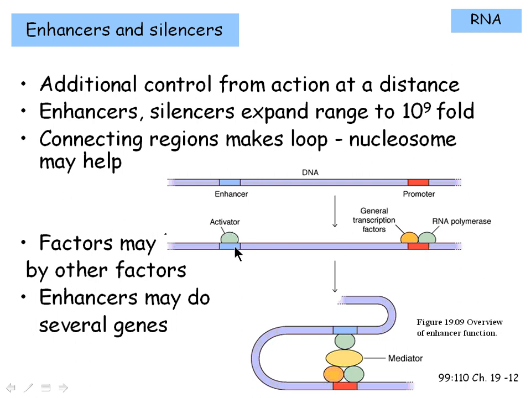And this DNA then loops around, and that brings closer to the promoter both the activator and in some cases some kind of a connecting protein that brings the things together. One enhancer may turn on multiple genes, so it's capable of changing the activity of more than one gene.